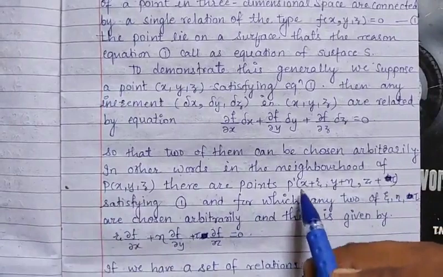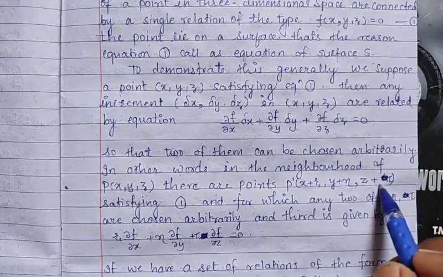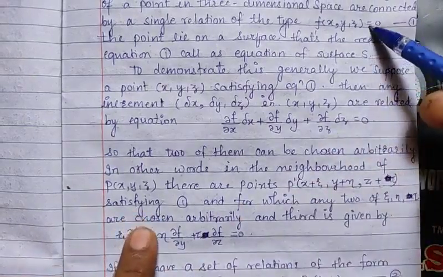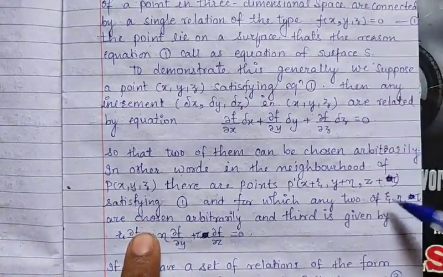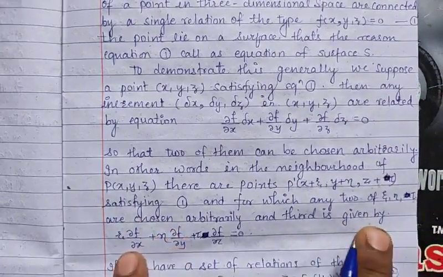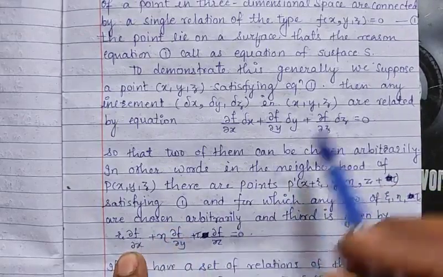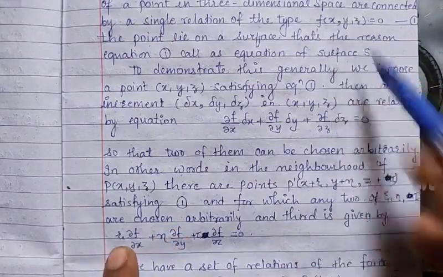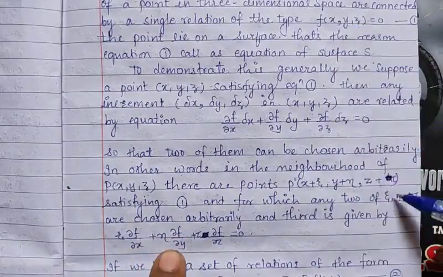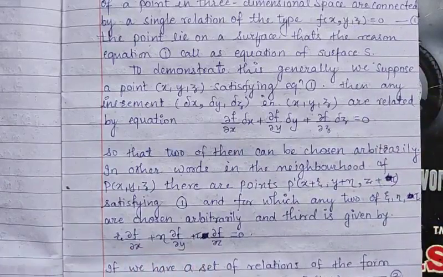So another point we get is x plus xi, y plus eta, z plus tau, which again satisfies equation 1, and for which any two of xi, eta, tau are chosen arbitrarily, and the third is given by this equation, which can be written as del f by del x into xi plus del f by del y into eta plus del f by del z into tau equal to 0.